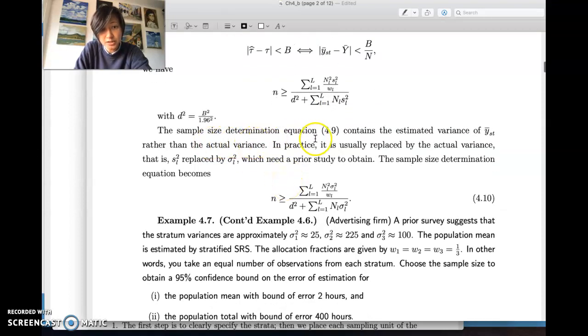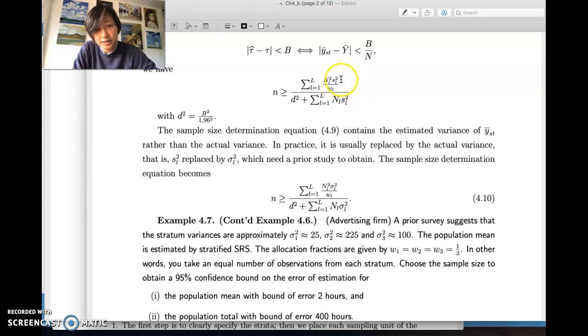The sample size determination equation 4.9 contains the estimated variance of y bar rather than the actual variance. So in this equation, s_l squared is on the variance of the y bar estimate. I don't want you to be too confused: the bound of error was placed on tau, the total, but s_l, the variance, was actually on the estimated variance of y bar.